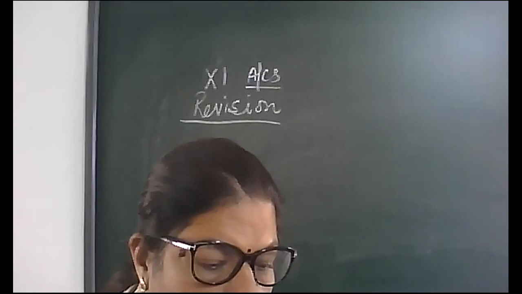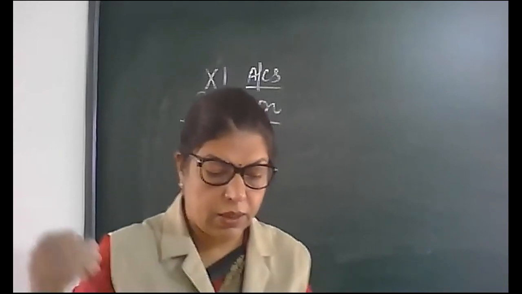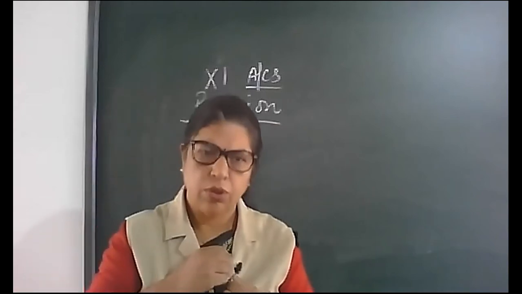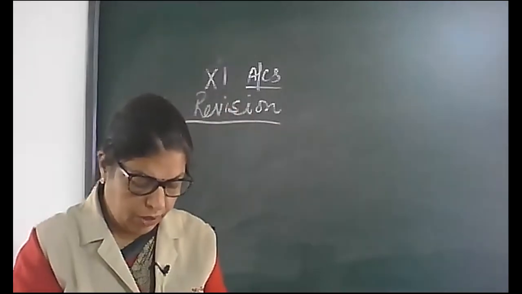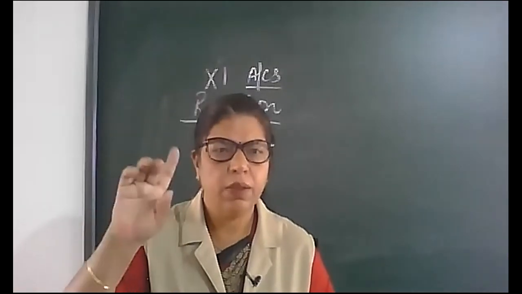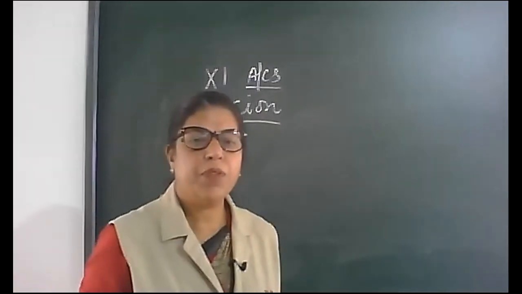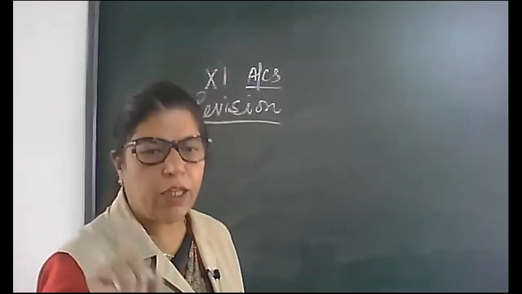So first of all, I am going to tell you how you will solve the numericals. I am showing you, okay, and I will explain how you will do. Am I audible? Yes. Now see, first question, first style of question.